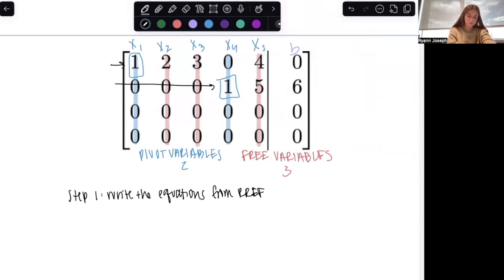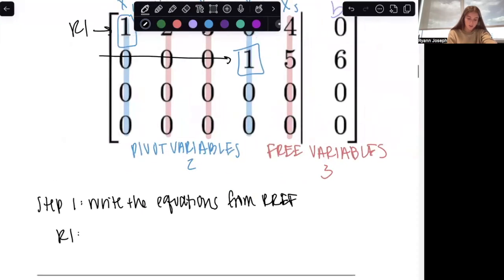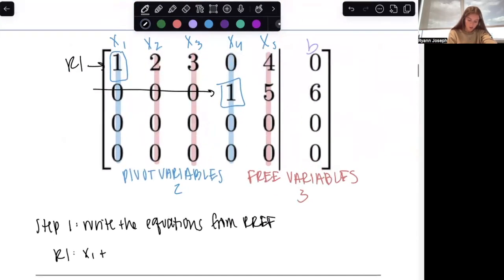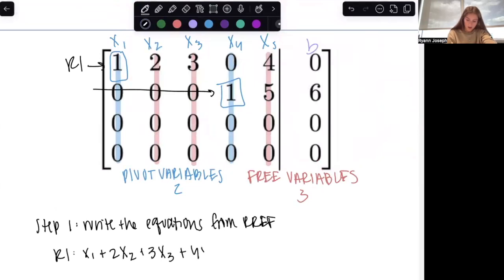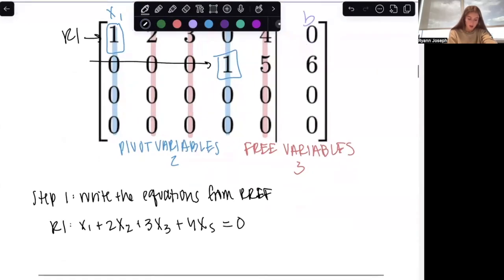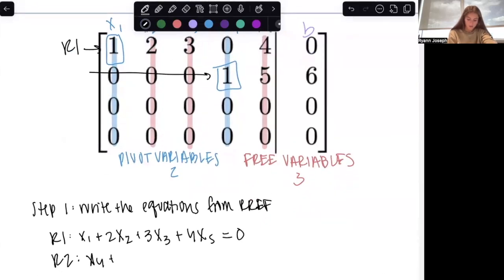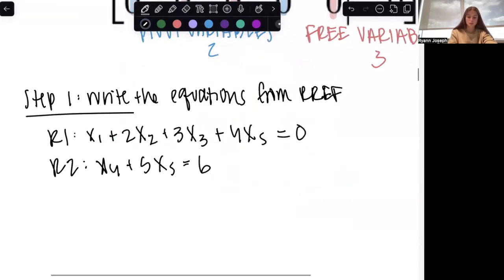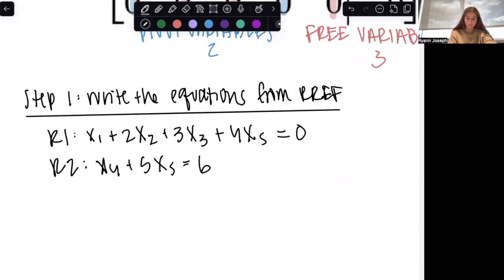So row 1, the first row, the equation that's given to us is x1 plus 2x2 plus 3x3 plus 4x5 is equal to 0. And then row 2 tells us that x4 plus 5x5 is equal to 6. Everything else are just zeros. So these are the equations that are given to us by the reduced row echelon form.